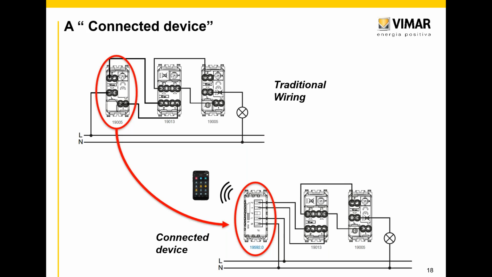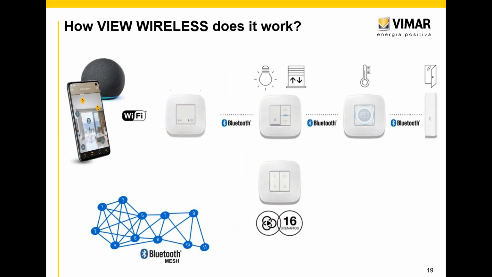The only difference is the neutral cable I have to bring to the connected switch. All the other parts of the circuit stay as before. So really very little impact on the walls, on the pipes, on the wiring. So very quick and easy installation.